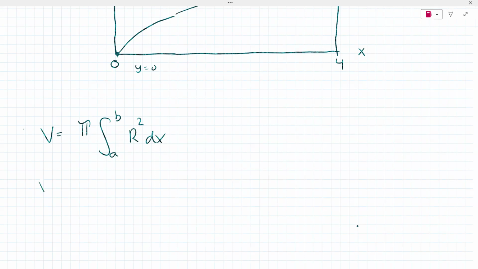So really that's the same thing as pi, the integral from a to b of top minus bottom, squared, dx.